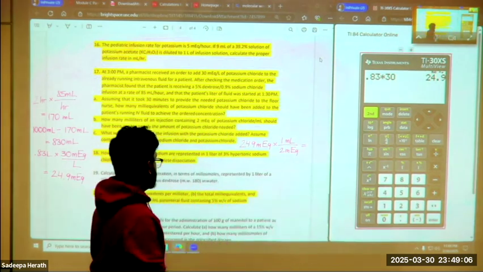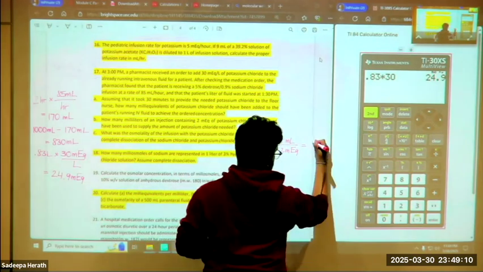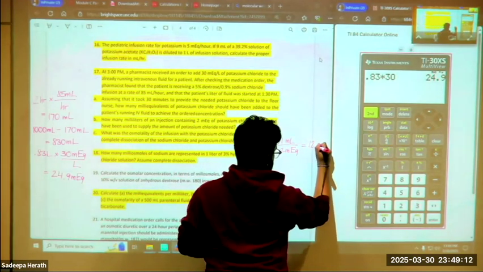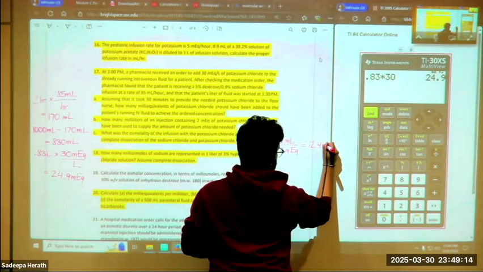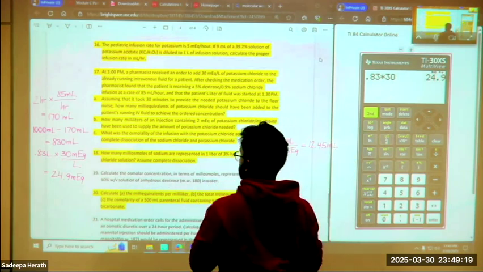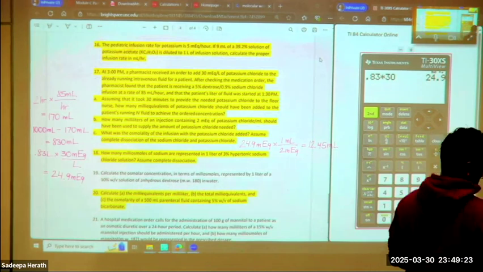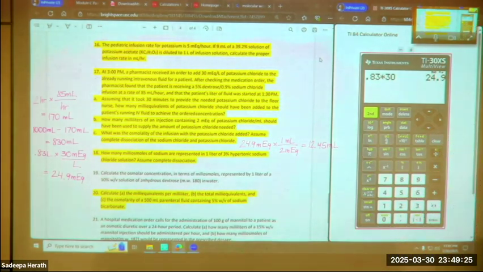So the answer for that's 12.45 mLs of potassium chloride. So that's B.